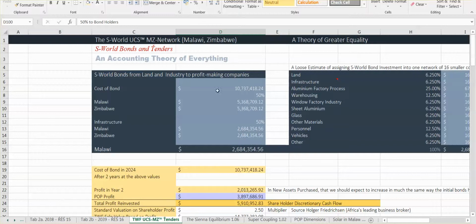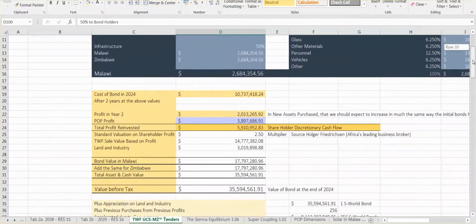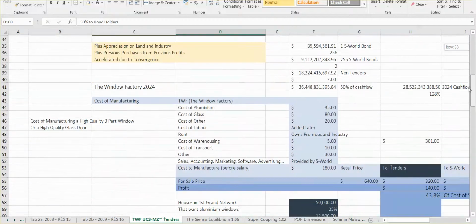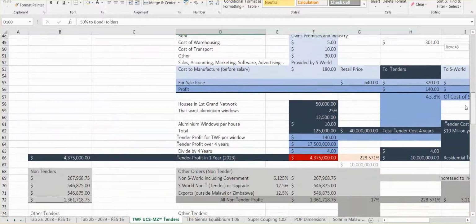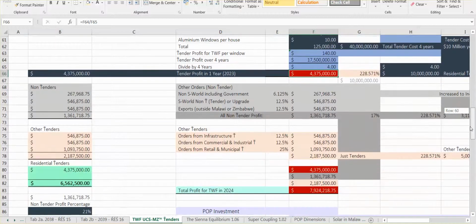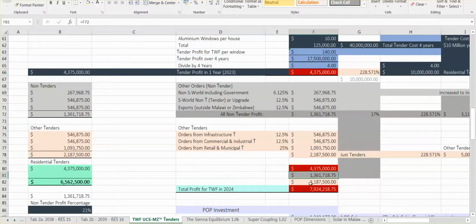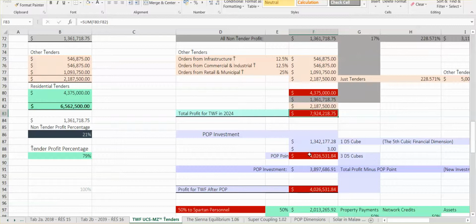Okay, so this is the idea for one company, and we can see, okay, here we are seeing tender profits, and here we are seeing additional profits, making for total profit in 2024 of 7.9 million. Now, the POP point for this company is 4 million.